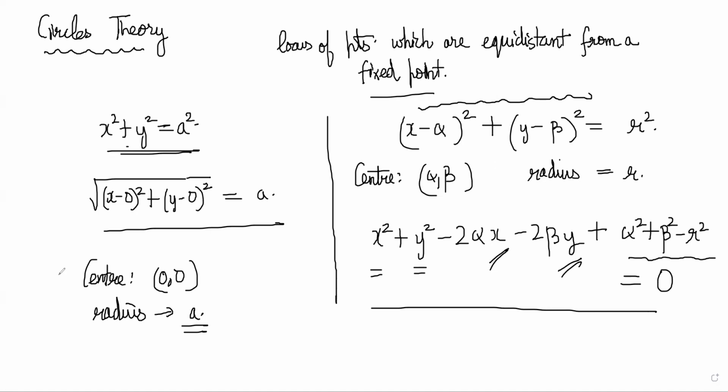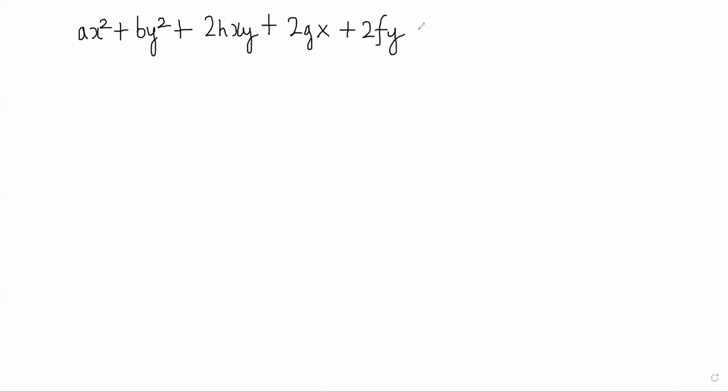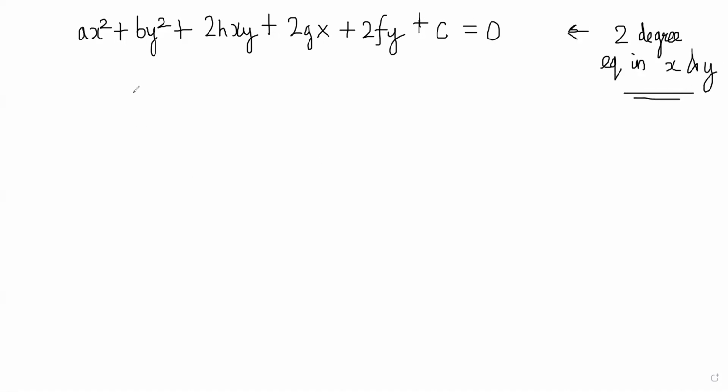So in general, the idea is this: if you have a situation like this, ax square plus by square plus 2hxy plus 2gx plus 2fy plus c equals 0, this is known as a 2-degree equation in x and y, because both the variables x and y have degree 2, right?